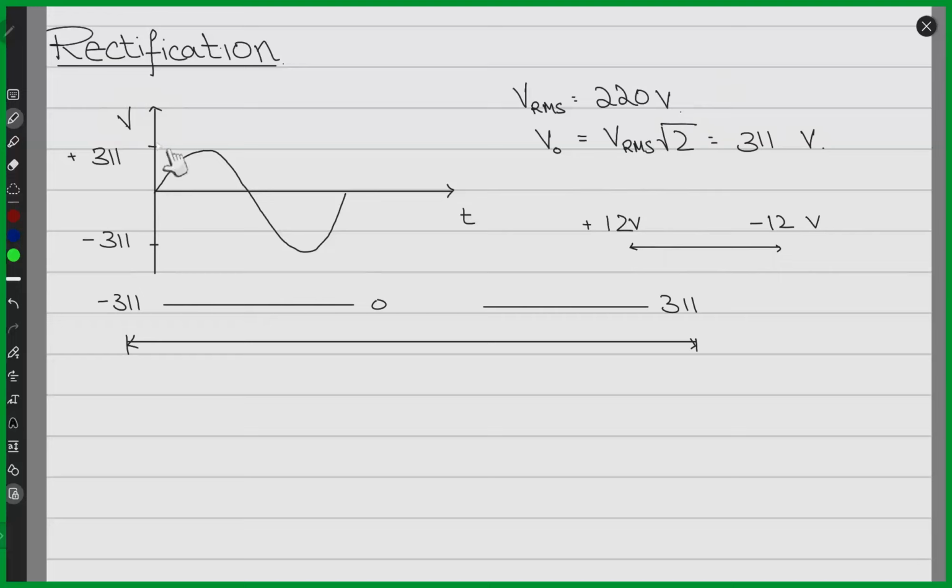And if you look at this graph, you see that it is constantly varying. In some countries, the frequency of that is 50 hertz, which means that in 1 second, it would oscillate like this 50 times. It will alternate between the two directions.